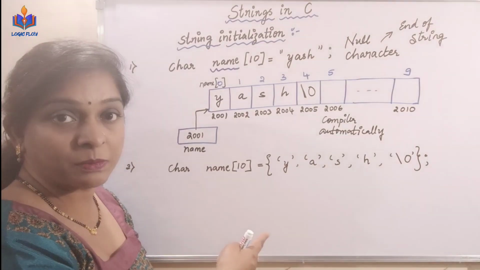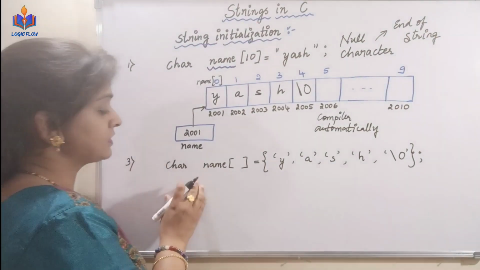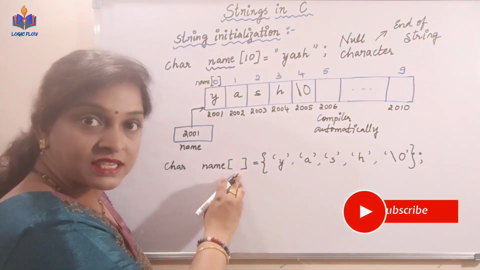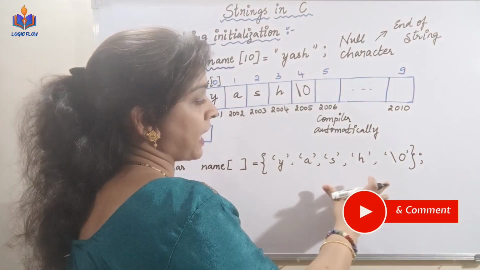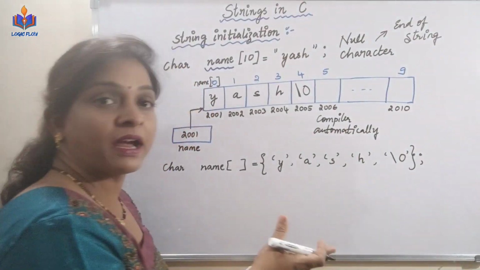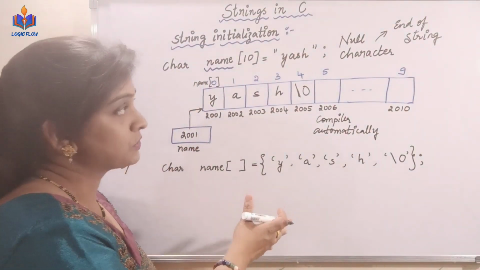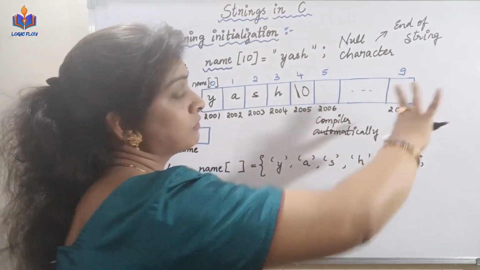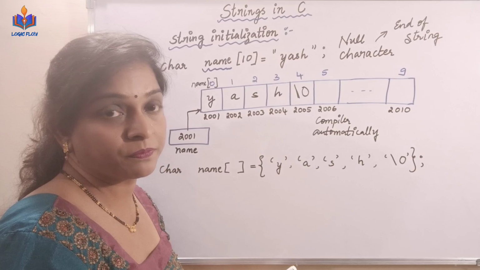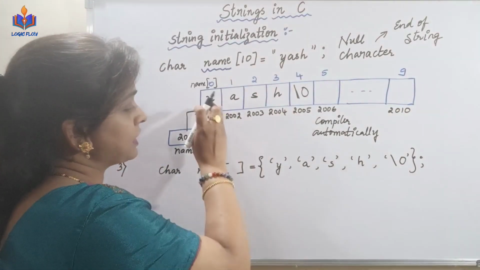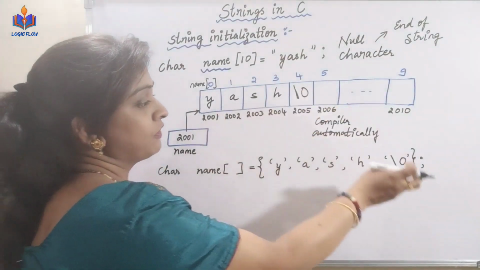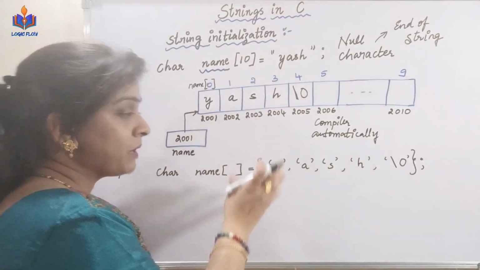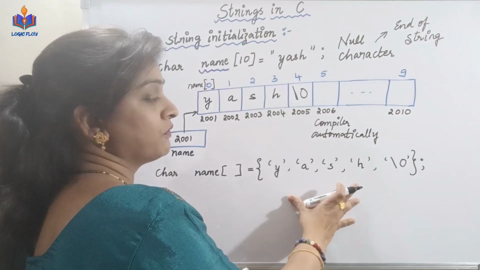So let's see the next method. The third method is the character array name where we have not mentioned the size. It is an unsized array, but we have initialized the characters. Based on this, the compiler is going to fill the values. One more thing I forgot to tell you: the remaining memory allocation will be filled with garbage values. Here, YASH and the null character are appended explicitly, and based on this the size will be allocated.